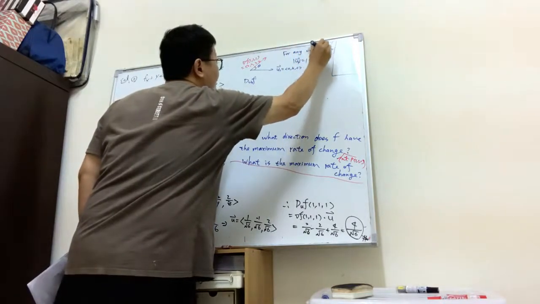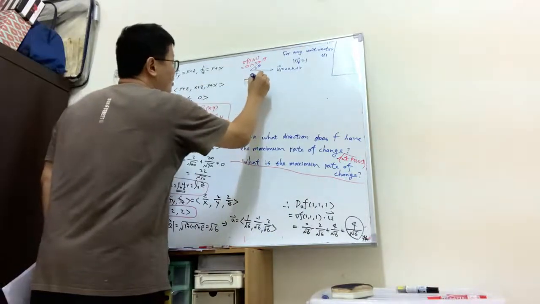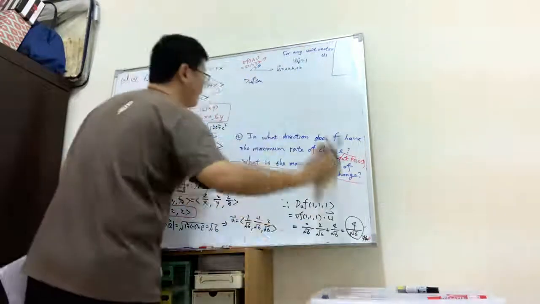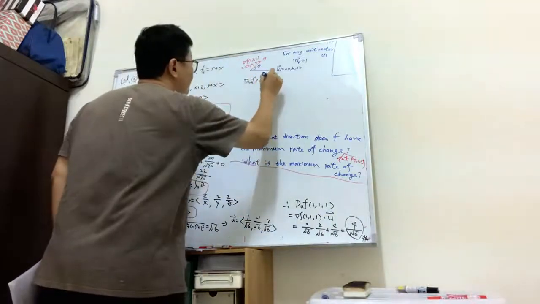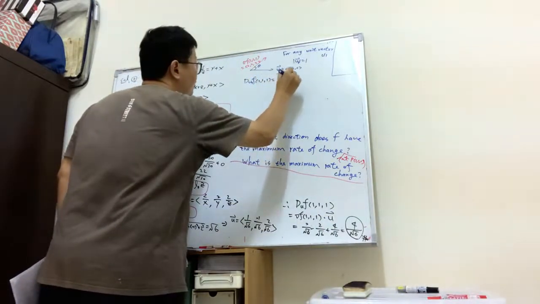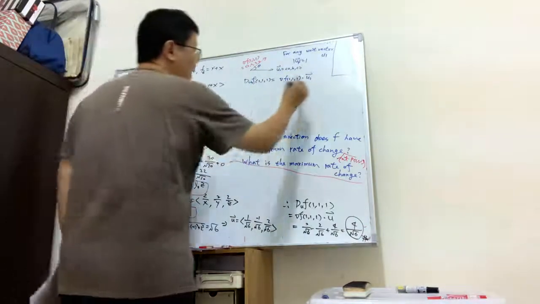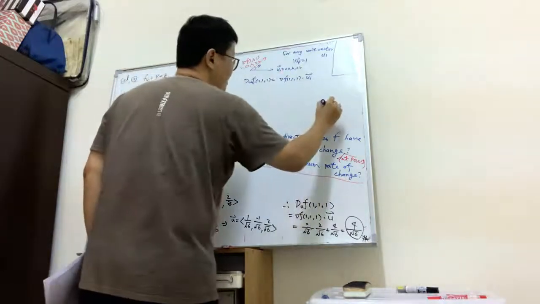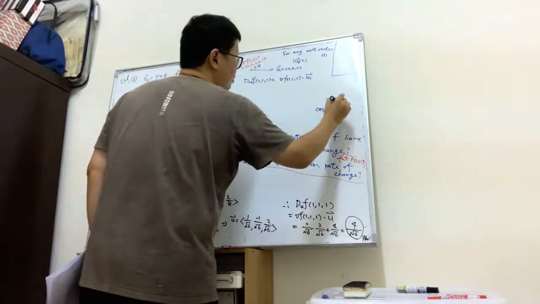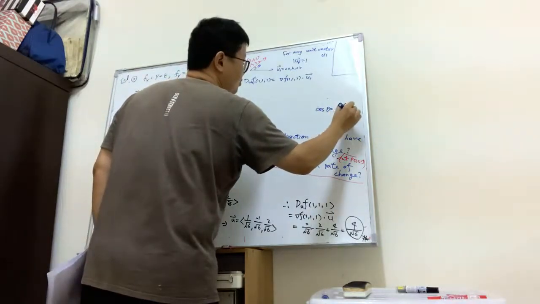for any unit vector u1, we know that the directional derivative of f at the point (1,1,1) is equal to the inner product of the gradient f(1,1,1) and the unit vector u1. For two vectors, the inner product is given by the formula: cosine theta equals the inner product over the length of gradient f times the length of u.